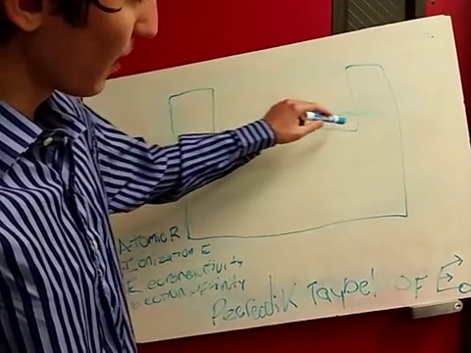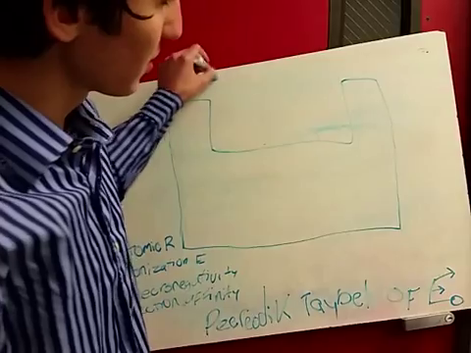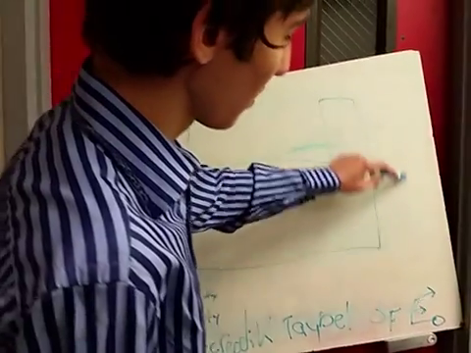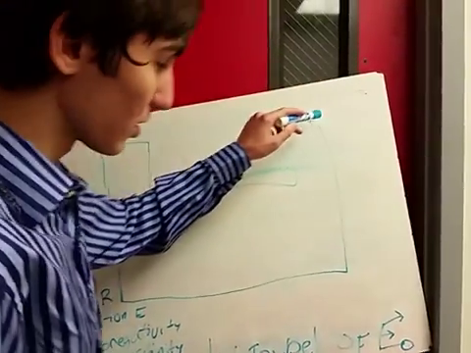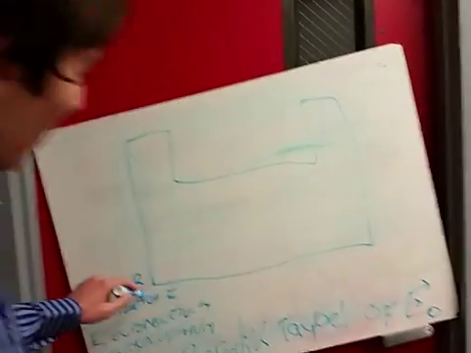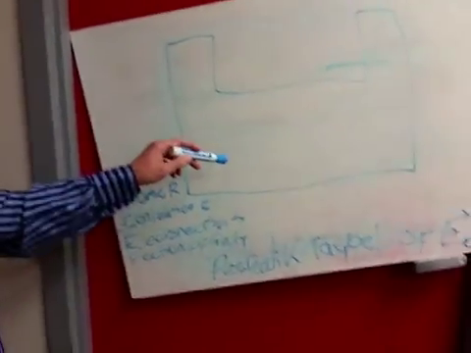So as you go across, electronegativity will increase, and as you go up, electronegativity will increase. So again, fluorine is the most electronegative, and whichever element is most opposite is the least electronegative element.